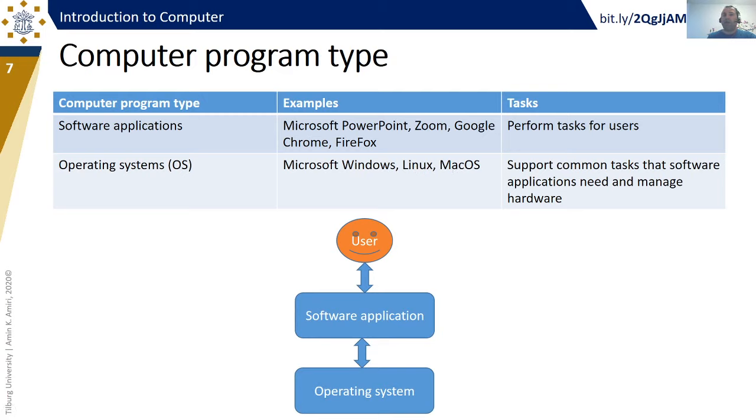For example, all software applications need to show something on a screen. They need to get inputs from the mouse or from the keyboard. So these common tasks are supported by the operating systems. They also manage hardware. As users, you mostly interact with software applications and, through them, with the operating system.